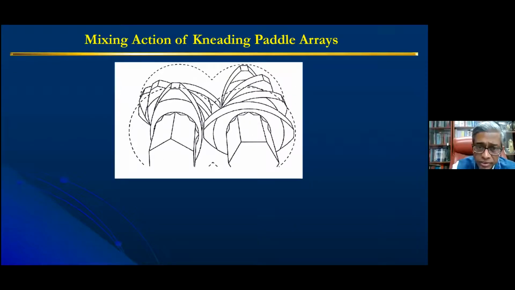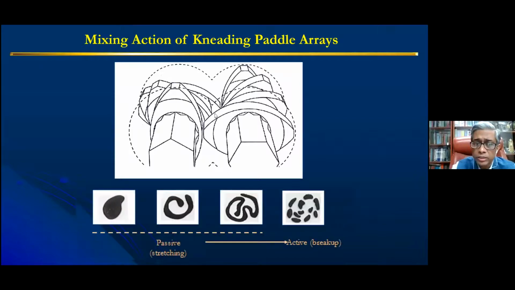It happens in these kneaders, in this twin screw extruder, where you can generate this kind of dispersive mixing and shear. Dispersive mixing means stretching and shearing in such a way that the nanofiller which is trying to mix will be able to flow, stretch, extend, and then break up into a number of pieces.